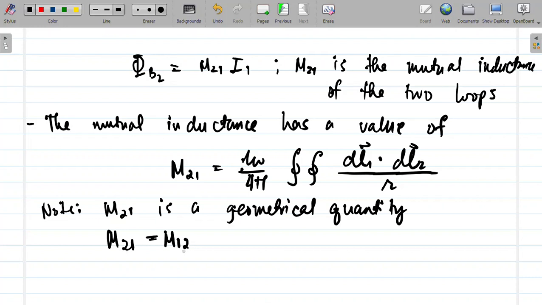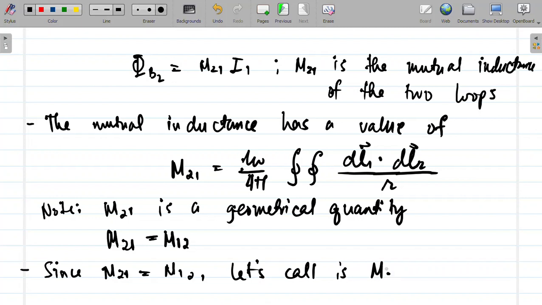Kasi di ba, pag pinagpalit mo yung 1 and 2, magiging M12 yan ay dl2 dotted with dl1. Pareho lang yan sa dl1 dotted with dl2. So M21 equals M12. And to simplify things, since M21 equals M12, let's call it M. So let's call it some value M kasi pareho lang naman yan.